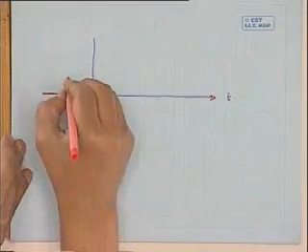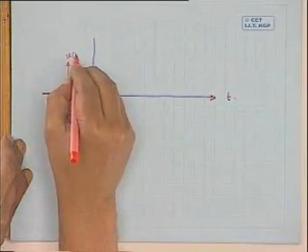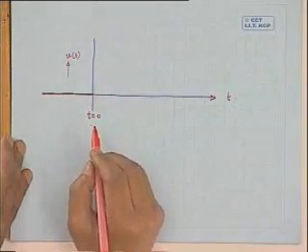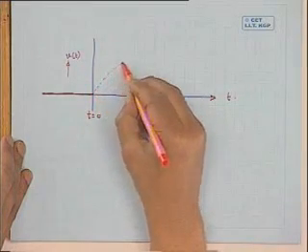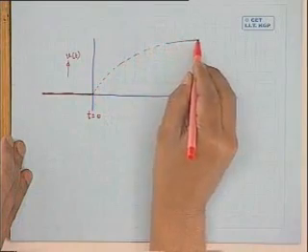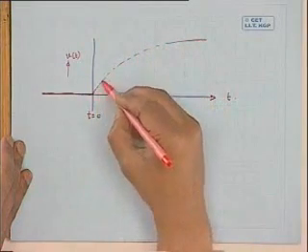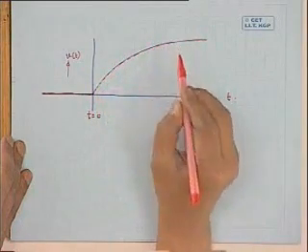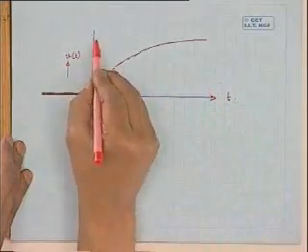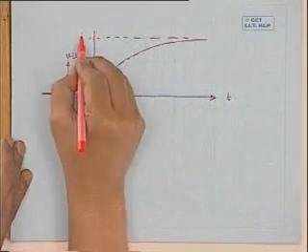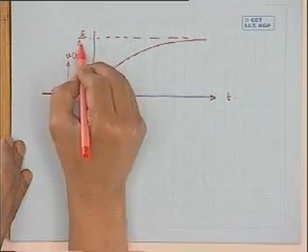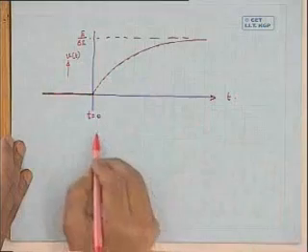Before t equal to 0, velocity was 0. Then velocity will increase gradually and exponentially, and the final velocity will be E by BL.